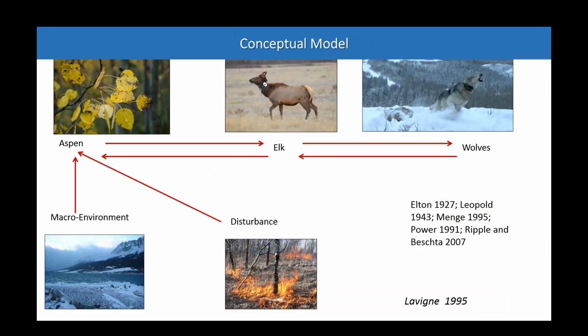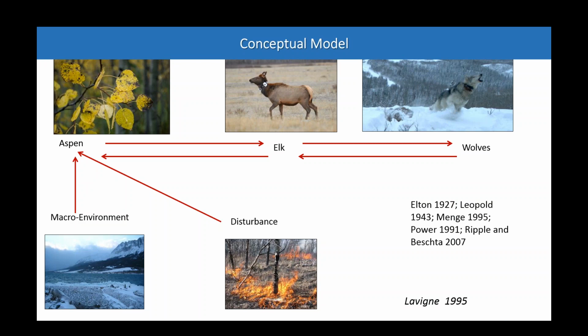So this raises questions. In my own work, I had this conceptual model that is based on the basic trophic cascades bottom-up and top-down model. The top-down model is that wolves affect elk, and elk affect aspen. Those are the key components in the system that I studied.